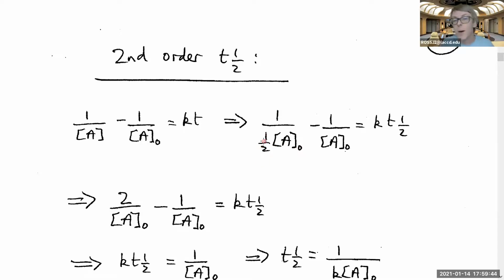This half in the denominator flips back up and gives us a 2 over A at time 0. So hopefully that is straightforward. And the t becomes t a half.